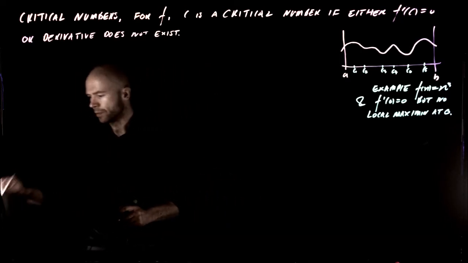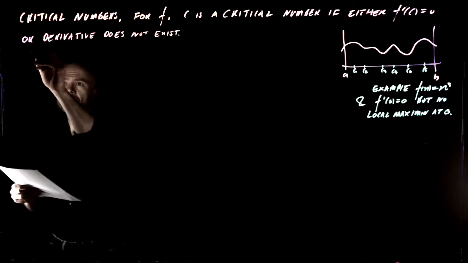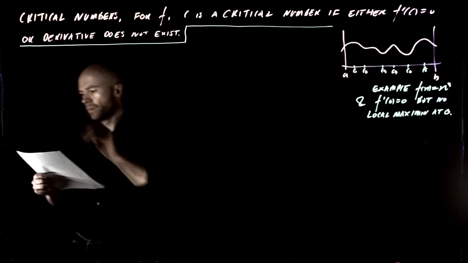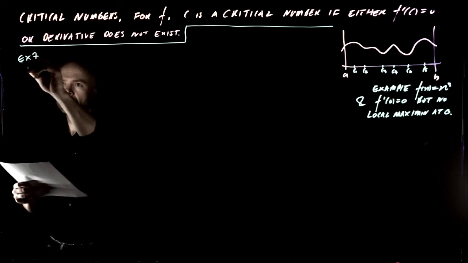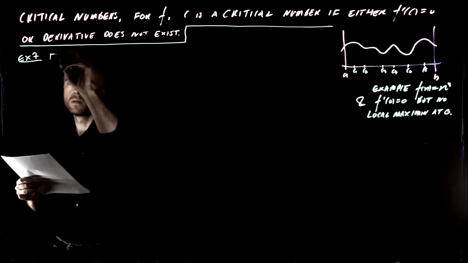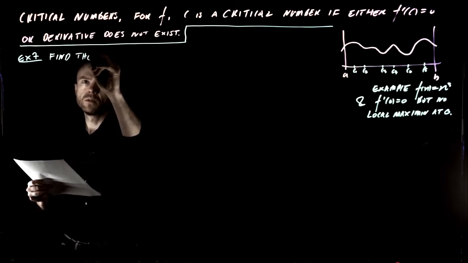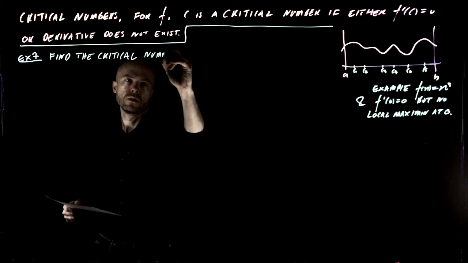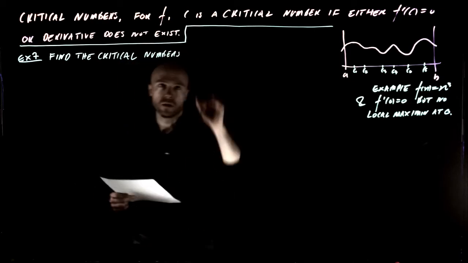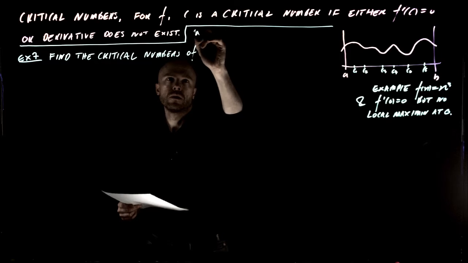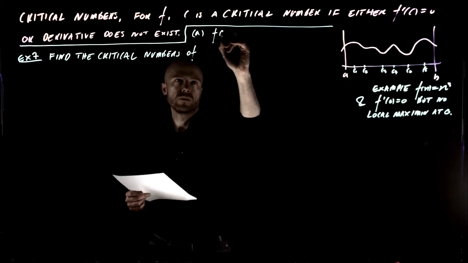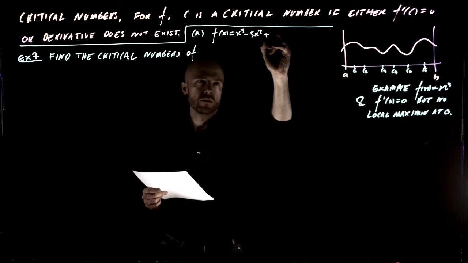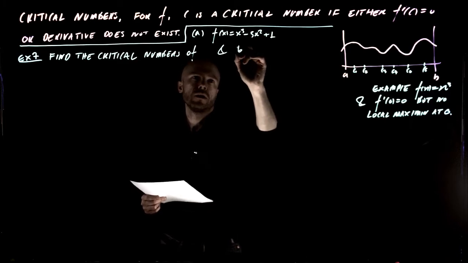So let's do our first example. This is example 7. Find the critical numbers of, firstly, this function, and secondly, this function.